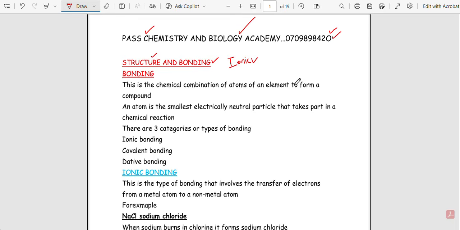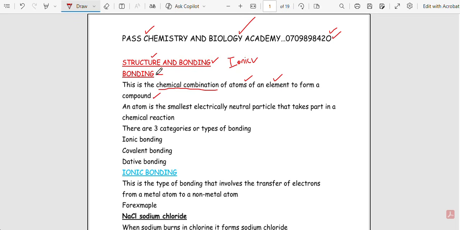The first thing we have to know is what bonding is by definition. Bonding is a chemical combination of atoms of an element to form a compound. What do I mean here?